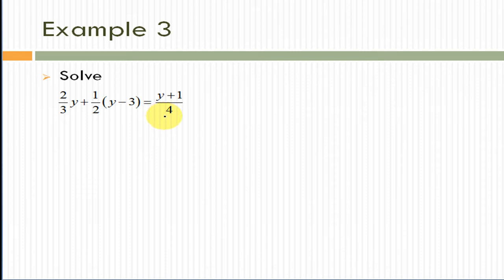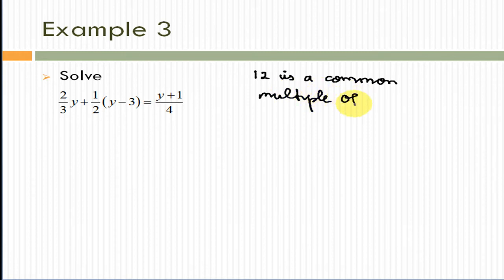The smallest common multiple will be 12. Okay, so 12 is a common multiple of the denominators 3, 2, and 4.